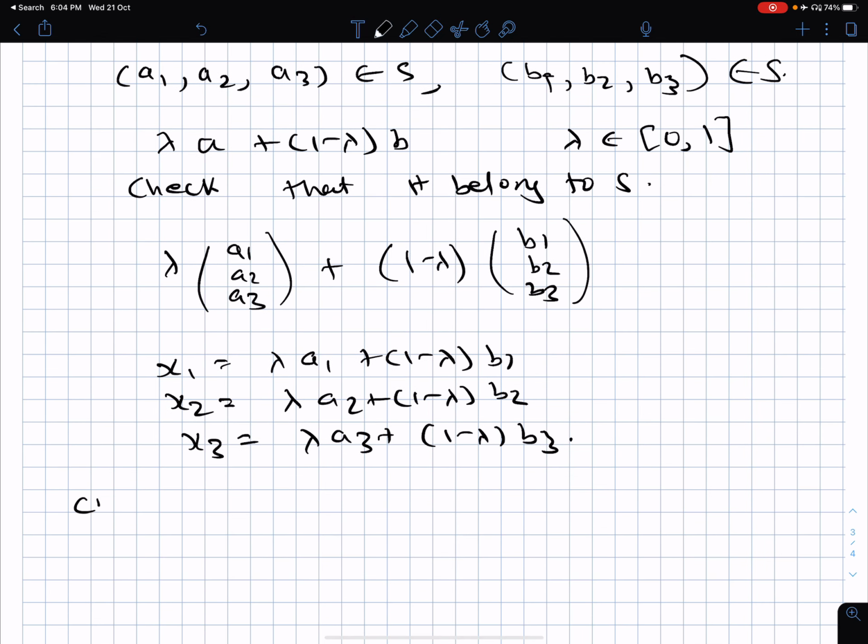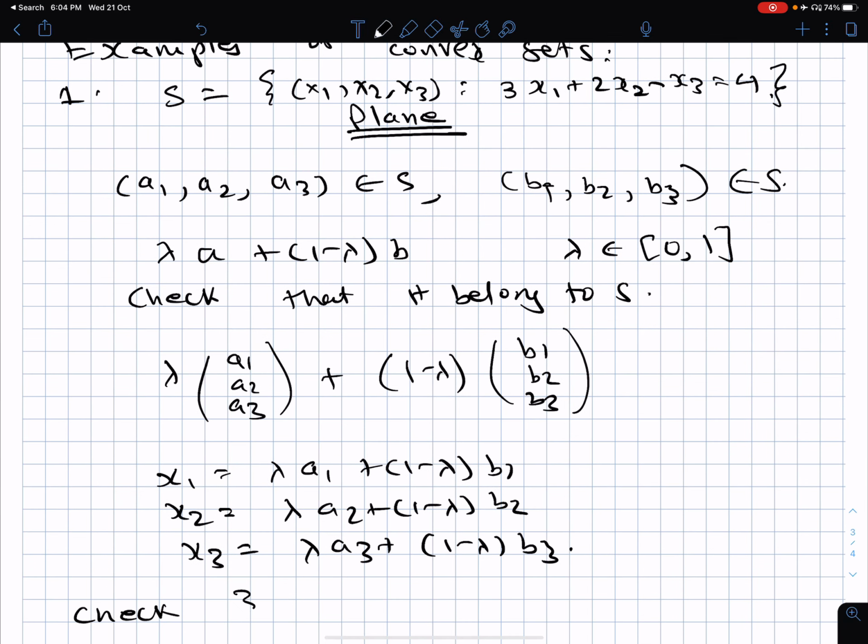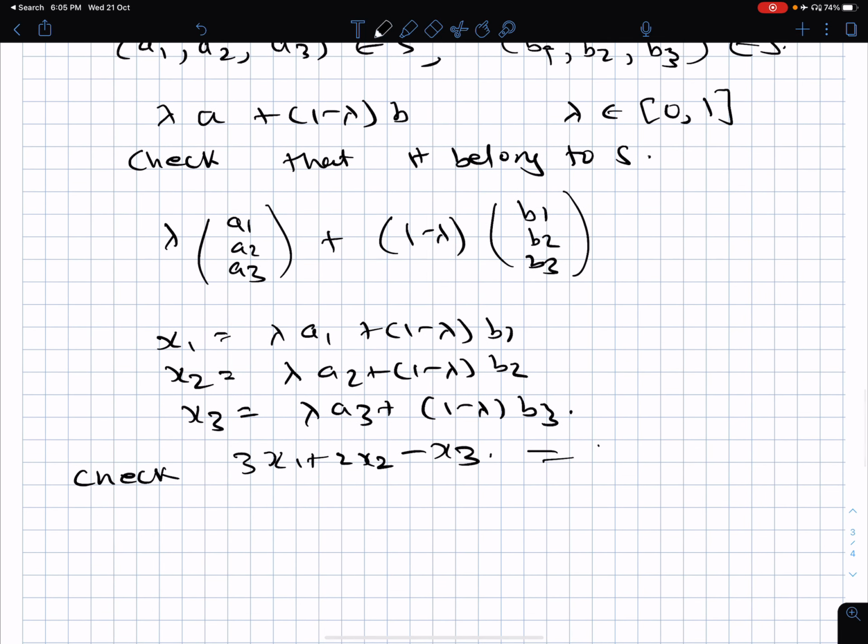Now I need to check whether 3x1 plus 2x2 minus x3 will still be equal to 4. If yes, because my A and B are arbitrary points in set S, then set S will become convex.